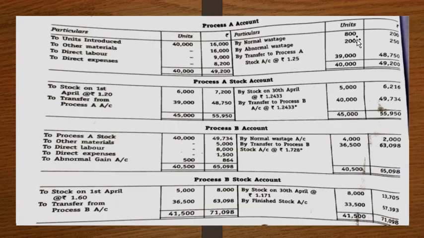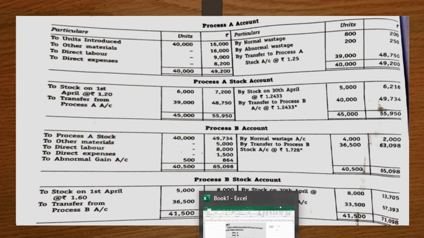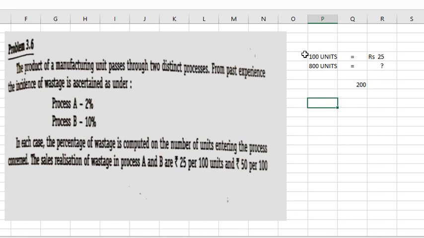For 100 units it is 25, so for 800 units how much is it? You will cross multiply: 800 into 25 divided by 100.